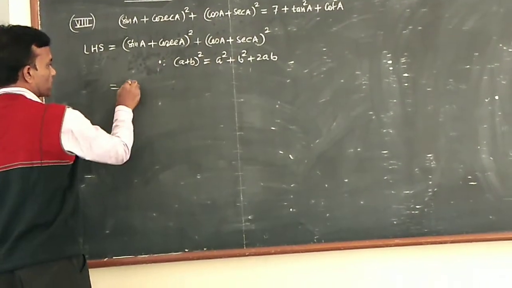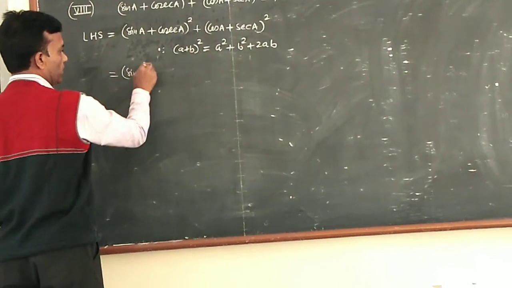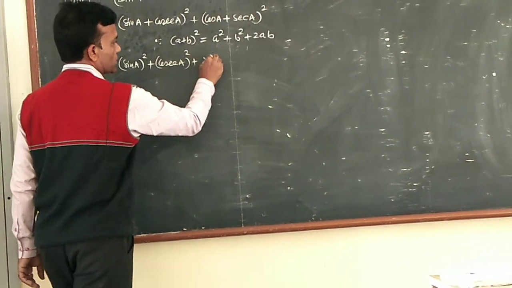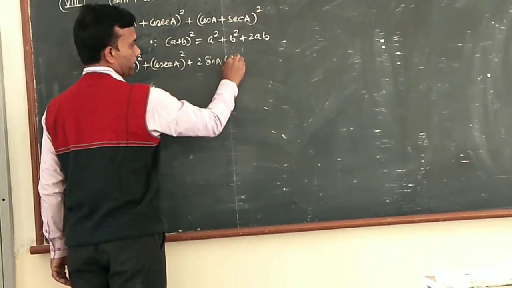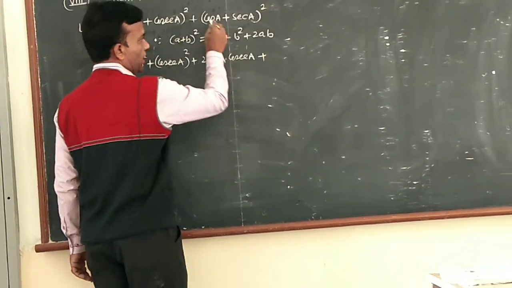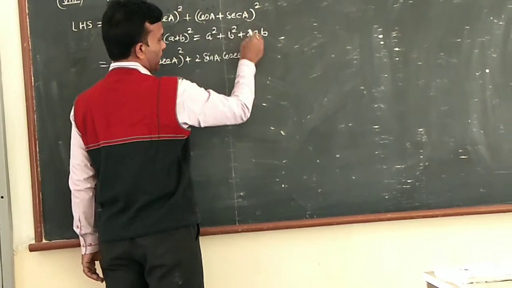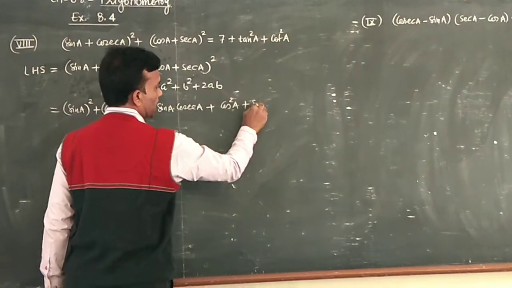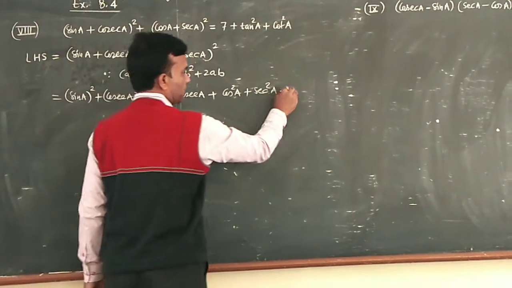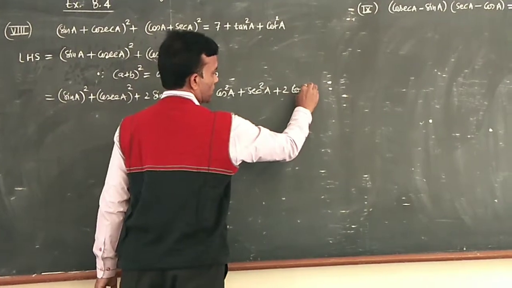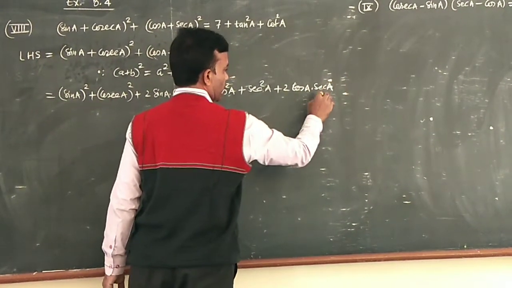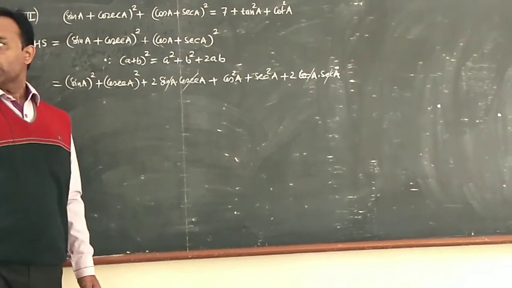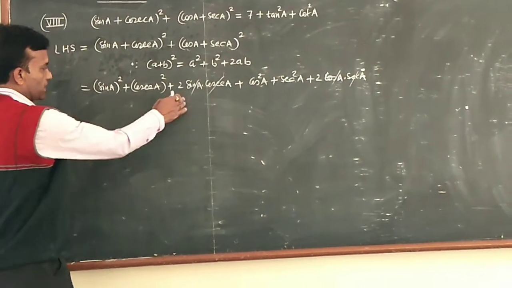Then here we have sin A whole square, cosec A whole square plus 2 sin A into cosec A, plus, now again we use the identity on the second bracket, then we have cos square A plus sec square A and then plus 2 cos A into sec A. Okay, cos A into sec A is given, then they cancel out. Cosec A is 1 by sin A here, so sin and sin cancel out.